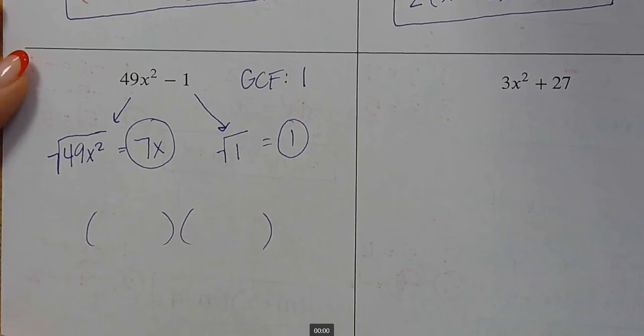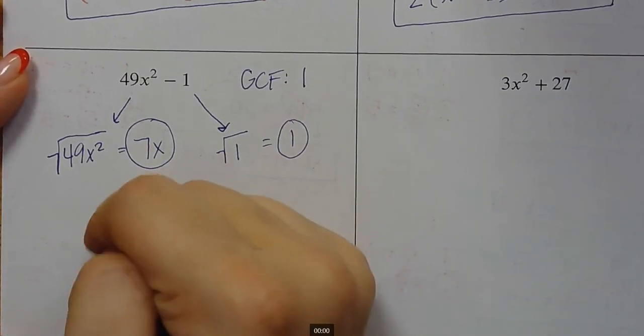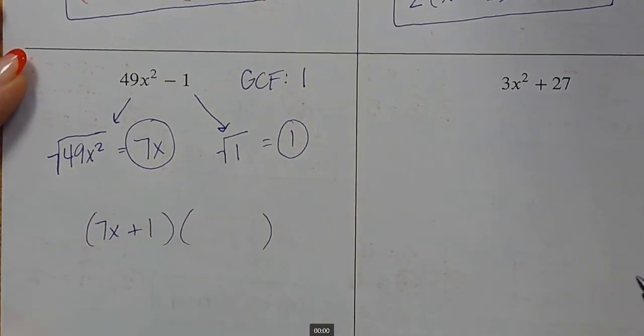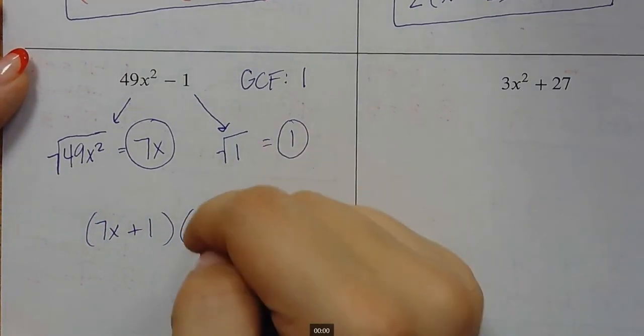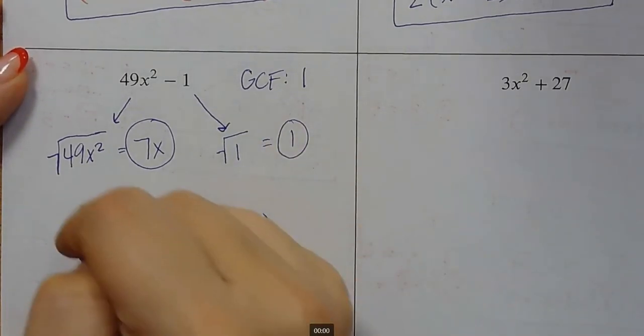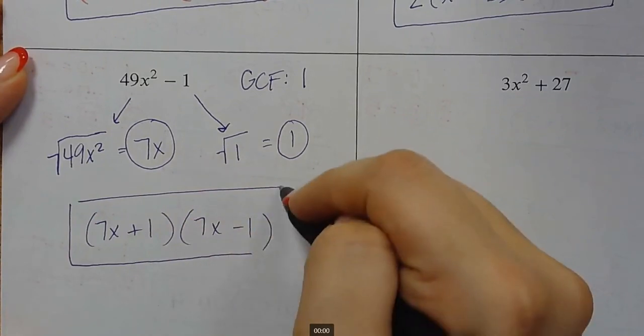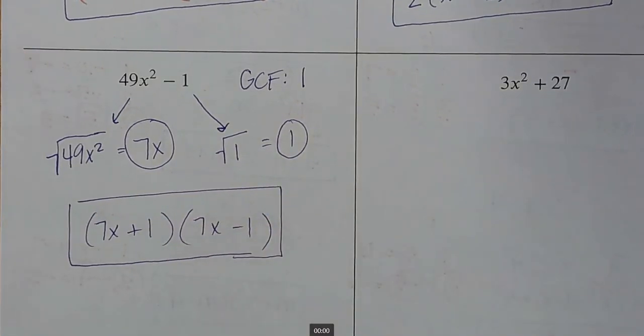What's the first factor? 7x plus 1. What's the second one? 7x minus 1. And there's no GCF we have to put out front, so that's our answer. Okay? So far so good? This is just one of those special cases that if you can know this trick, it makes things a lot easier in the long run.